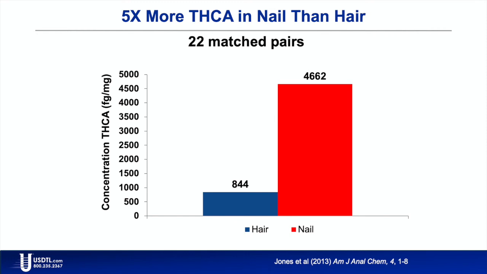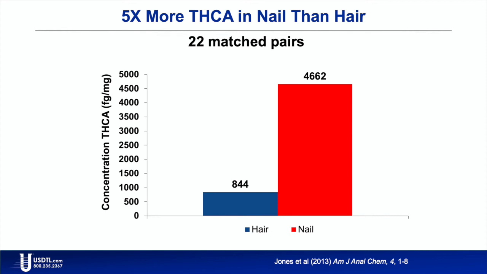The thickness really takes charge, and we found 4,662 femtograms per milligram, or 4.6 picograms, and for the hair we found 0.8 picograms, or 844 femtograms. So this was quite eye-opening, and a significant advantage of testing nail. We'll definitely be able to pick up more marijuana users using fingernail.